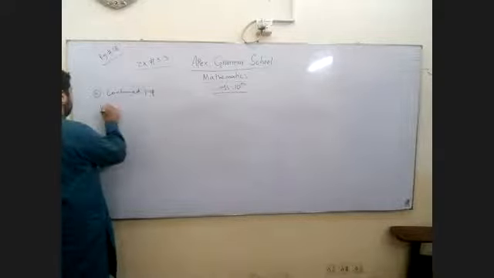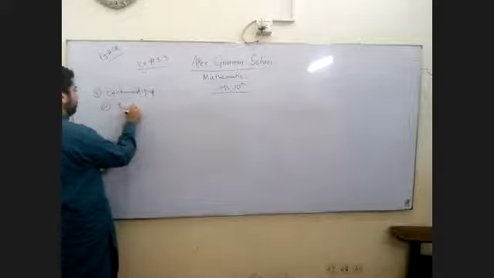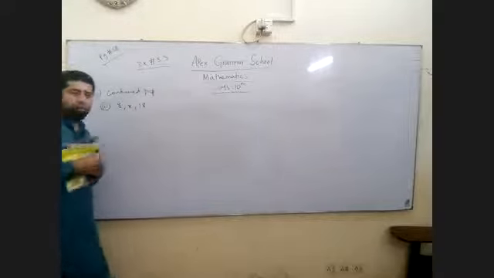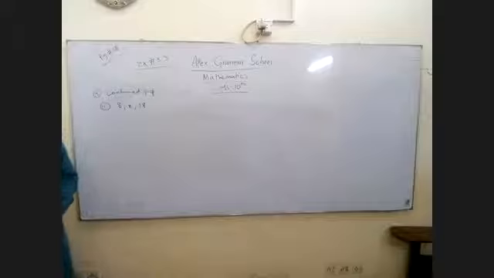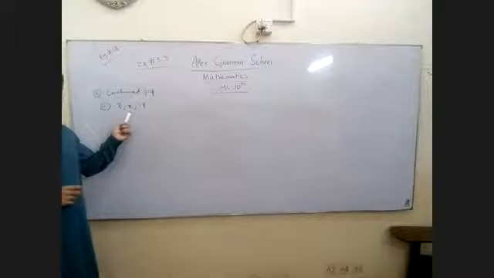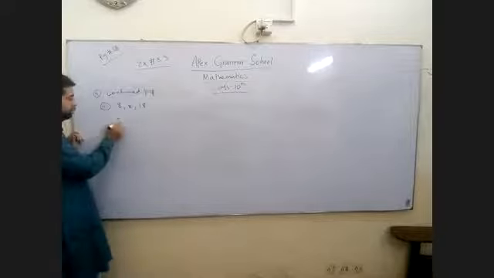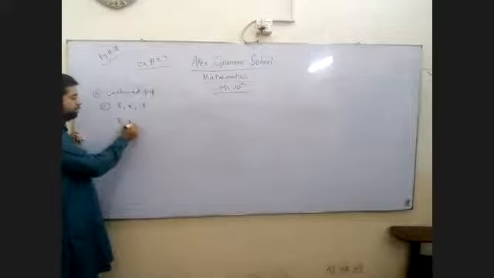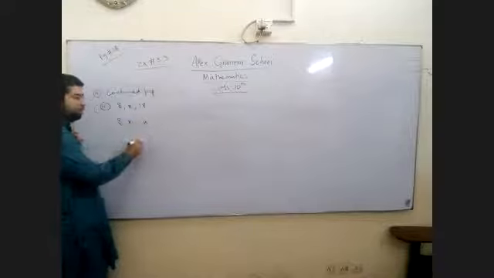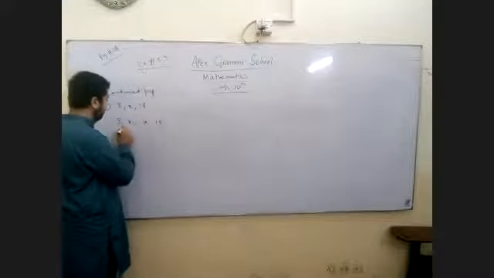Second part is again the same, continued proportion. The unknown variable is presented here. So 8 ratio x, may continue this variable, and again 18.